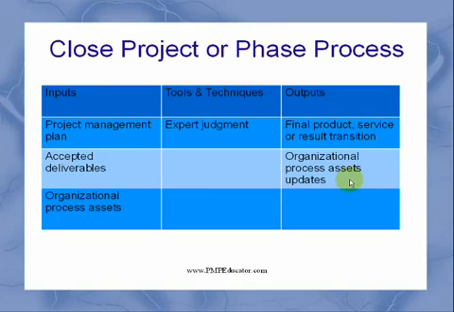And in this phase, the important thing is that you document everything, the lessons learned and all the information related to the project, and put it in your organization process assets and update them, which will be used in the next projects within your organization.